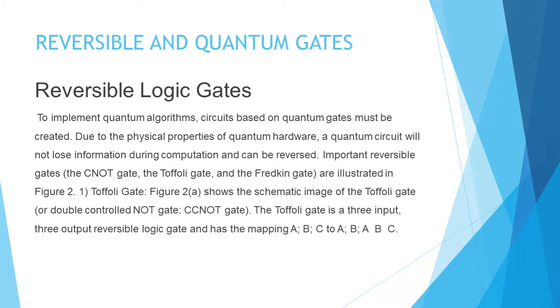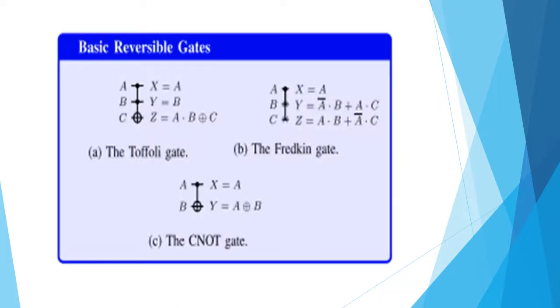Toffoli gate shows the schematic image of the Toffoli gate. The Toffoli gate is a 3-input, 3-output reversible logic gate and has the mapping A, B, C to A, B, AB XOR C. Let's see what are the basic reversible gates.